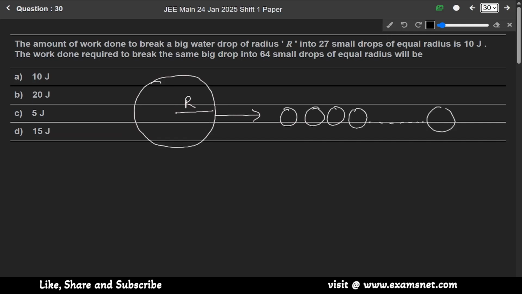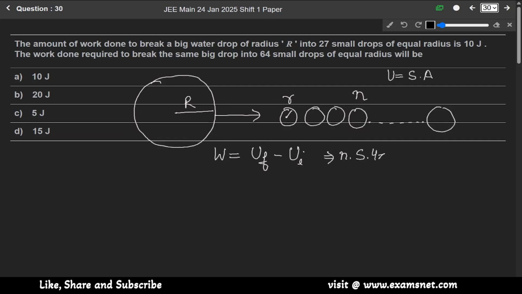Let us say the radius of the small drop is small r and there are N number of small drops. So the work done to break this big drop into small drops will be the final potential energy minus the initial potential energy. So it will be N number of these small drops into, since the potential energy is surface tension into area, N into surface tension S into area.